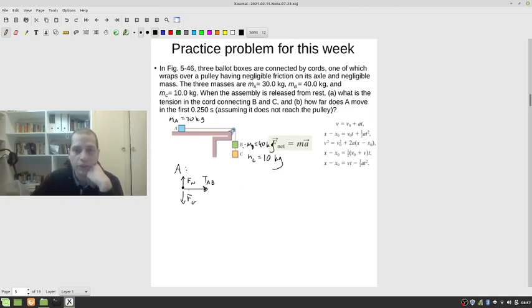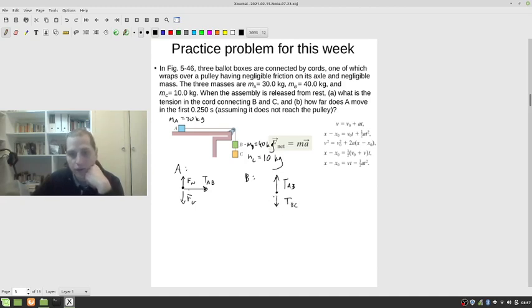For object B, this mass, what forces would be acting on it? Well, this tension force TAB is pulling to the left on A, so it would be pulling up on object B, so there's your TAB. You also have it connected to another mass, so let's call that TBC. That's a different tension, a different string.